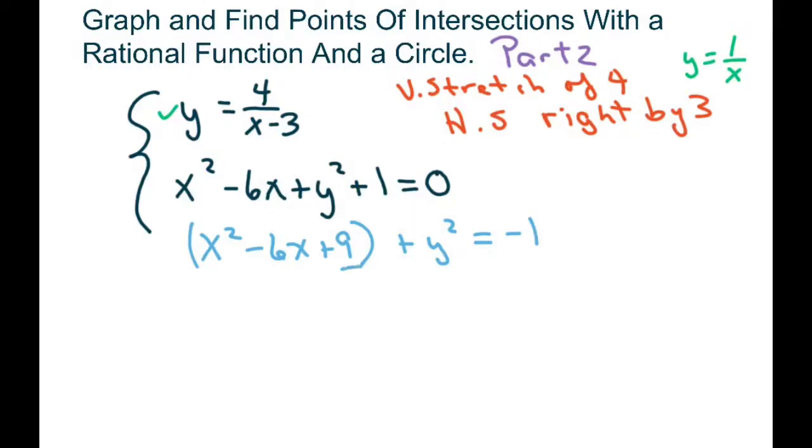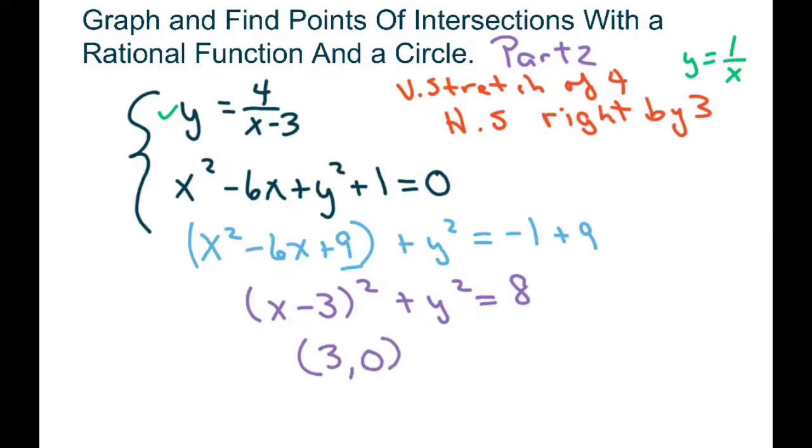We also have to add the 9 to both sides. And when you condense this, we're going to get x minus 3 squared plus y squared equals 8. So just for graphing purposes, that would mean my center is (3, 0), and my radius is the square root of 8.